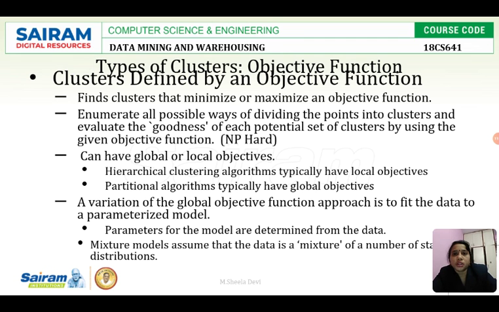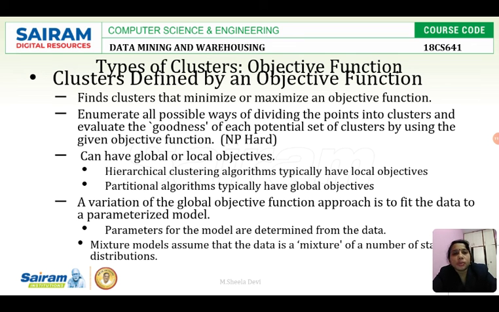Now the objective function. Here we find the cluster that minimizes or maximizes an objective function. So we will see what an objective function is. Enumerate all possible ways of dividing the points into clusters. Evaluate the goodness of each potential set of clusters by using an objective function, which is NP-hard. Using that, we'll be finding how good the cluster is, how good the points are clustered.